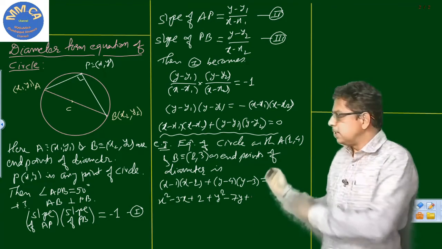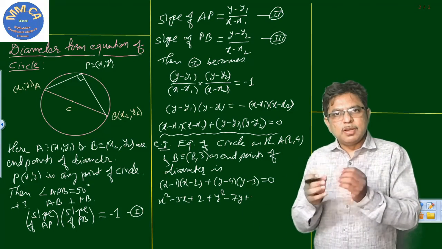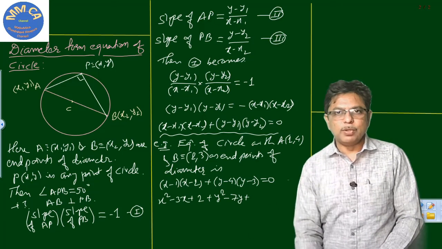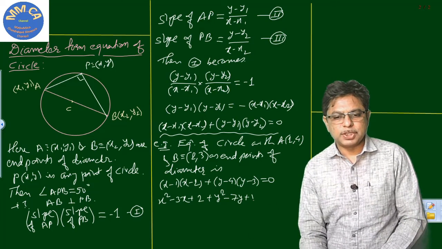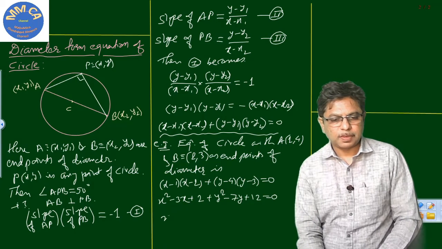See all the calculations carefully, or if you are having difficulty, students are advised to go with one more step of simplification. And minus 4 into minus 3 is plus 12, equal to 0.